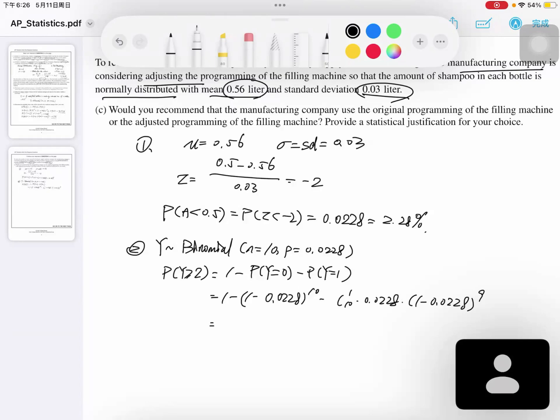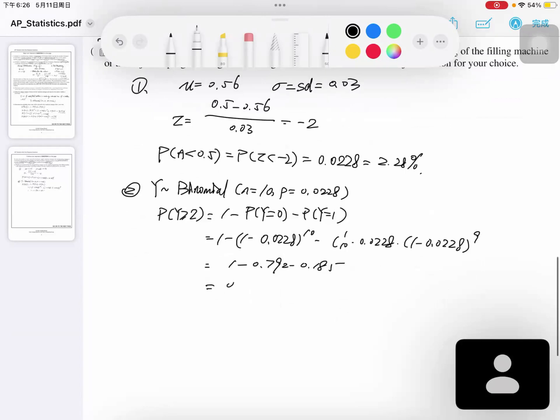So the final value is 1 minus 0.792 minus 0.185. The final result is 0.023.